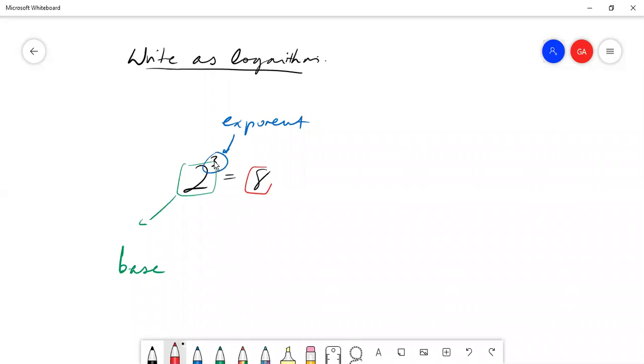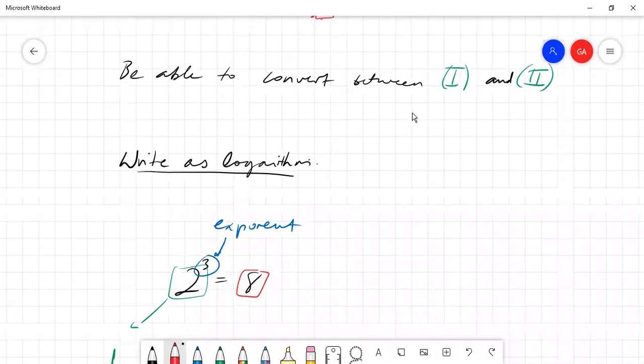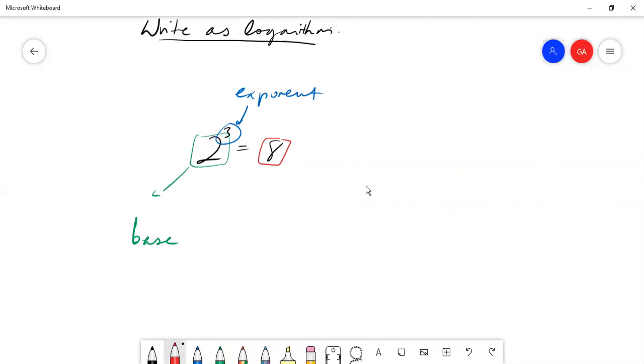Now how does this all fit in? These colors might not match what I originally had here, so sorry. But in our logarithmic formulation, I would write log, and remember the base goes in the basement of the log, the lowest spot. Log 2, so the base. What does the log spit out? The log spits out the exponent.